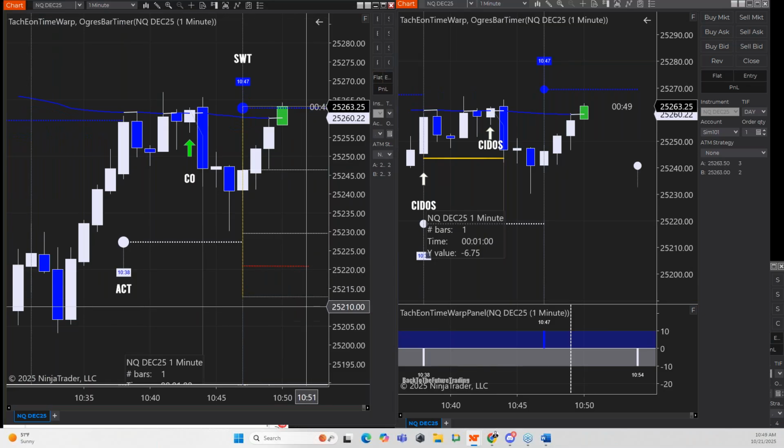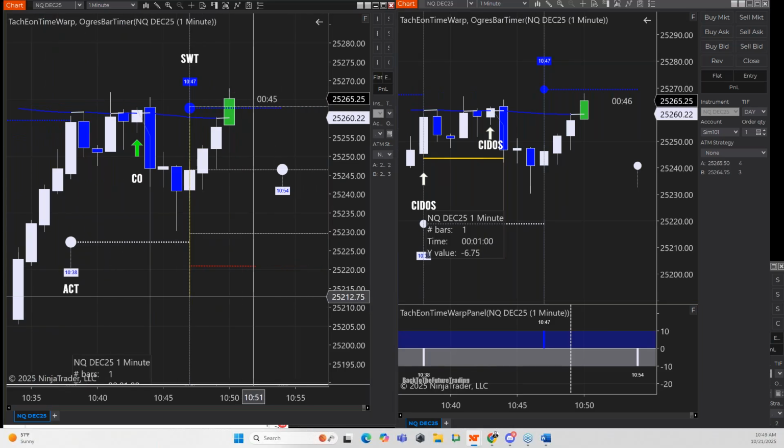Stop filled, all flat on the signal with trend.